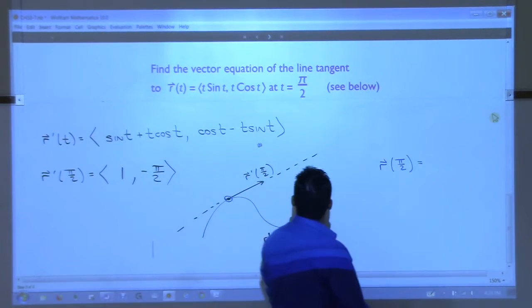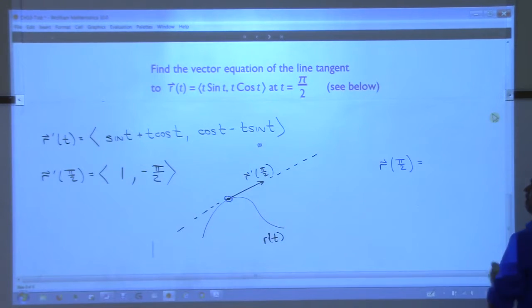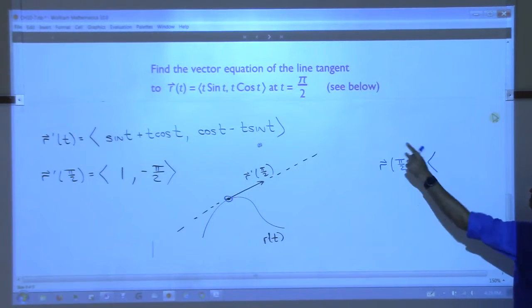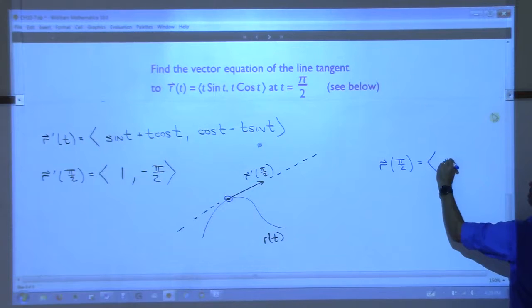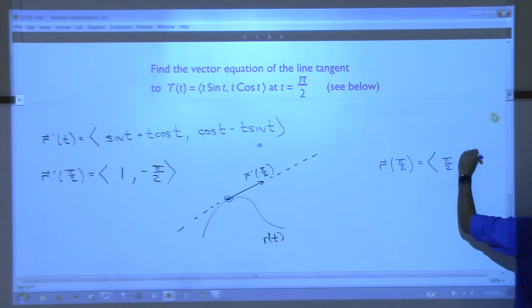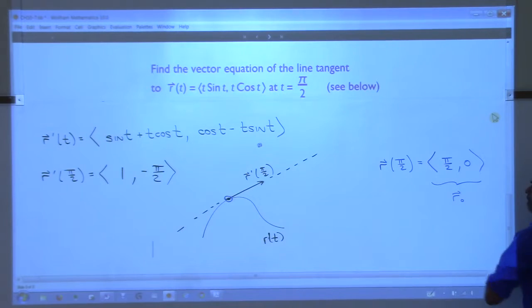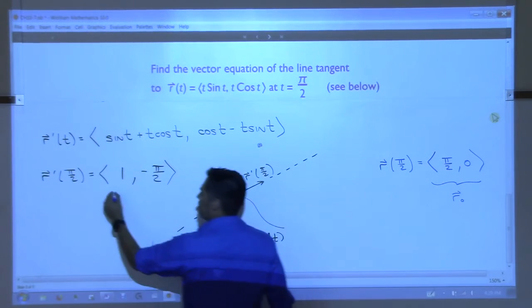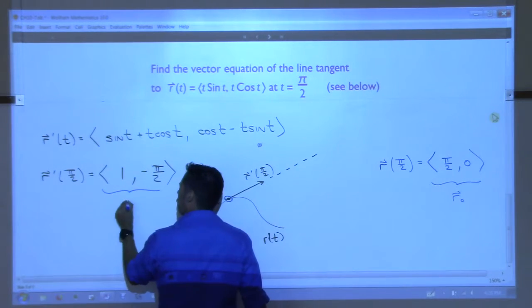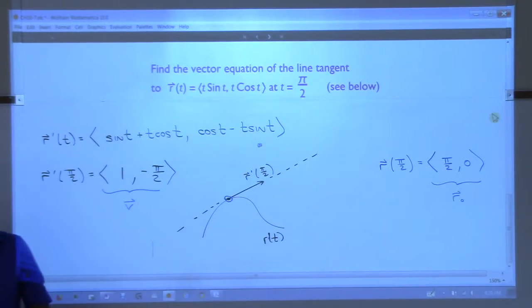Let's plug pi over 2 into that. We should just get pi over 2 and then 0. So this is our r naught. And then this right here is going to be our direction vector of our line, v, and we just put them together. Does that make sense or not? Yeah? Yeah? You got one?